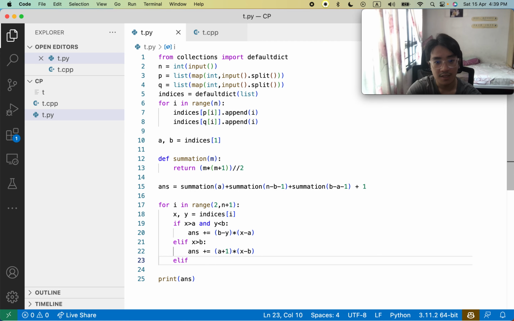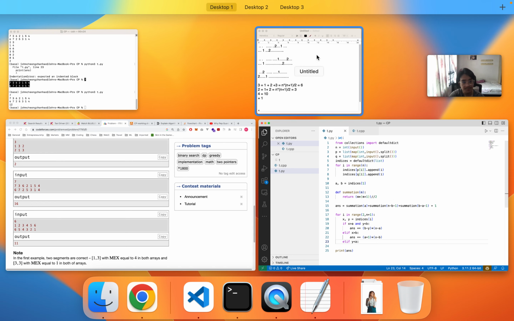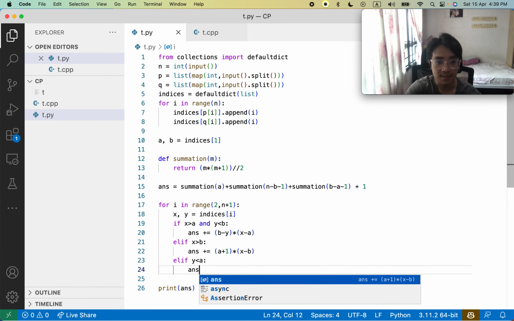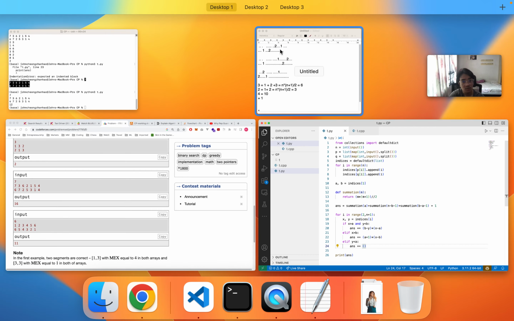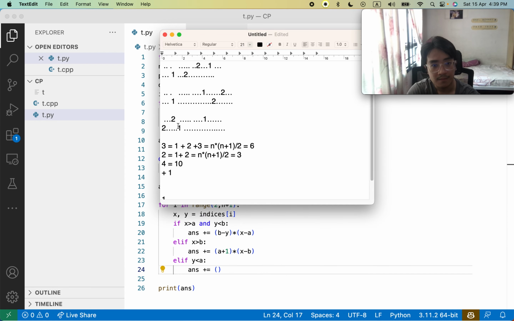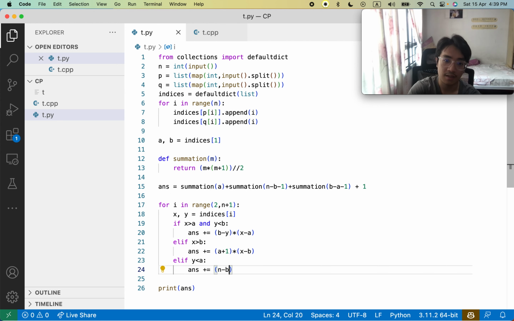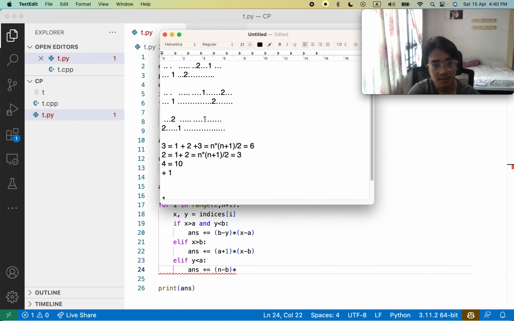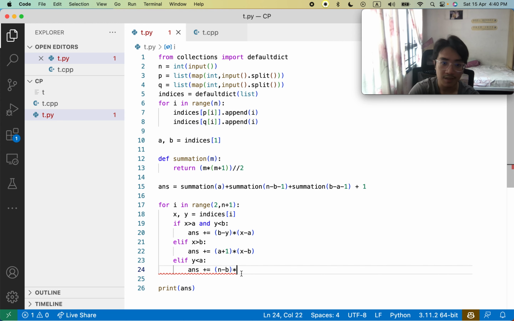Else if y is lesser than a, which is this case here, answer plus equals to n minus b in this case, because if b is 6, n minus b is 1, which is correct, multiplied by a minus y.